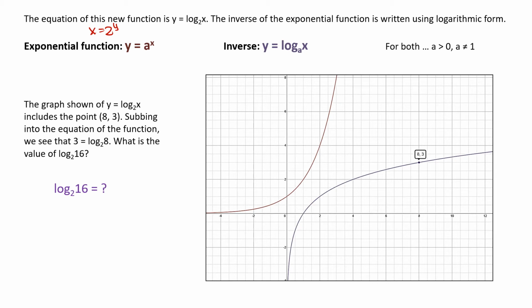So what we're working out in our head here, if we work backwards, remember 2 is our base, so let me write it as a normal base. 2 to the power of what would be 16? That's what you're trying to figure out here. 2 to the power of what is 16? So in this case, it would be a 4. So the answer is that this is equal to 4.